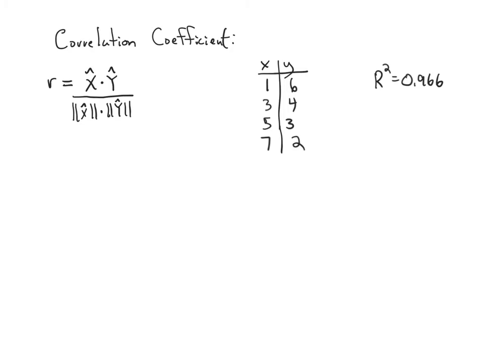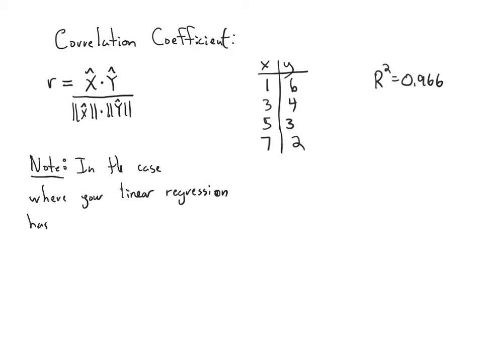So let's do it the r way, and I'll leave this as a note: in the case where your linear regression has exactly one independent variable, so in this case x, we don't have 2 or anything like that.